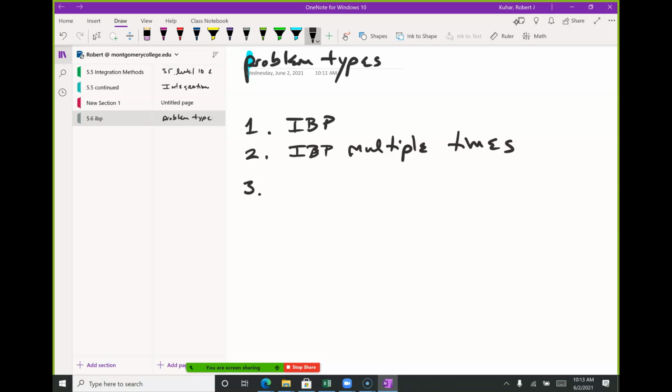Step 3 could be what I call a loop, where you will see the original problem in your answer. So you'll see the left-hand side inside of the right-hand side. In this type of problem, you'll see the original problem inside of the right-hand side solution.